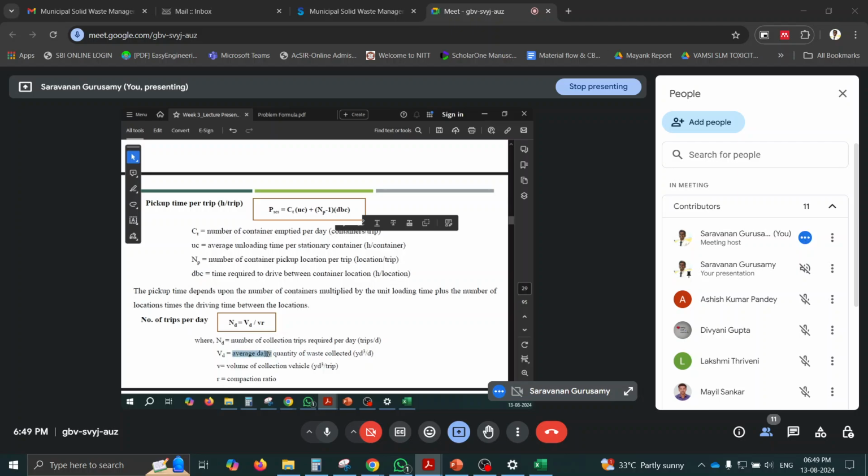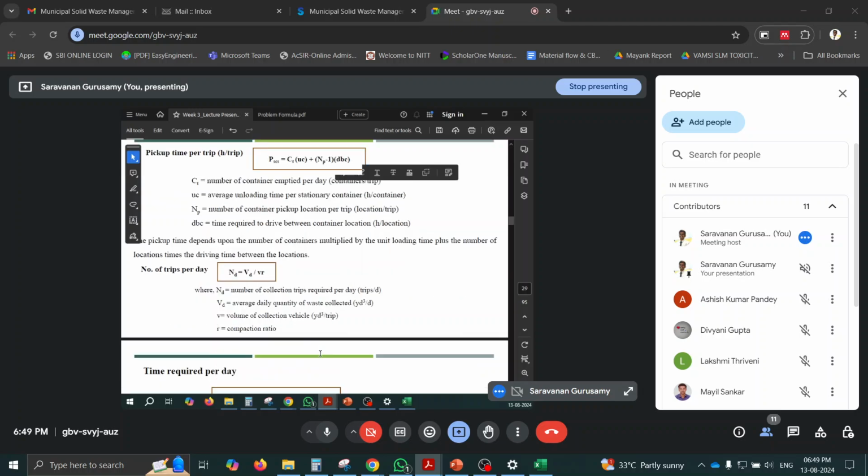So for 100 meter cube, we need 100 by 20, that is 5 trips we can do in a day with one vehicle. That's the calculation we are doing.